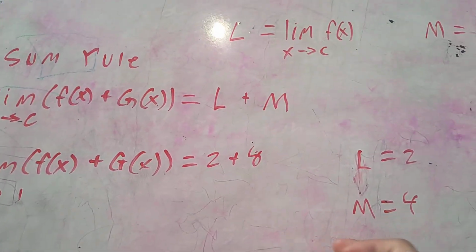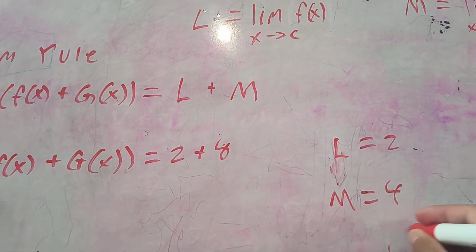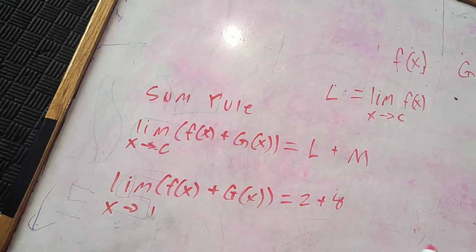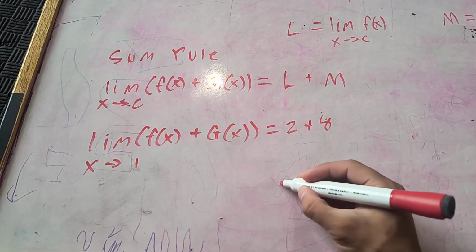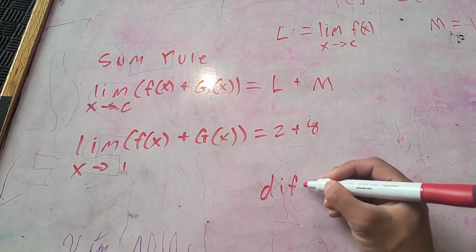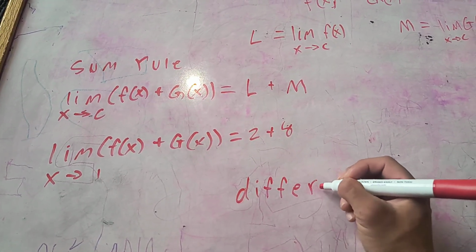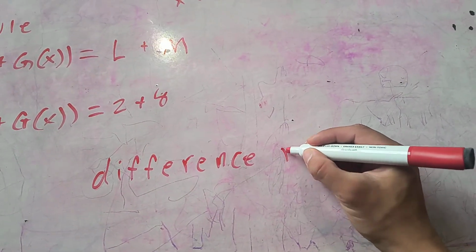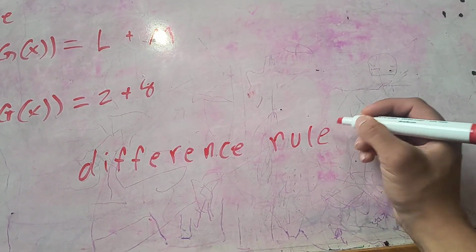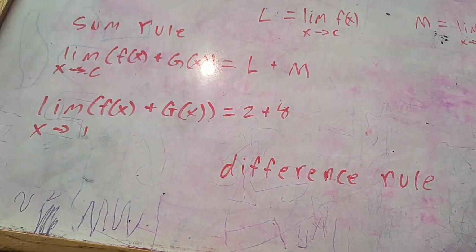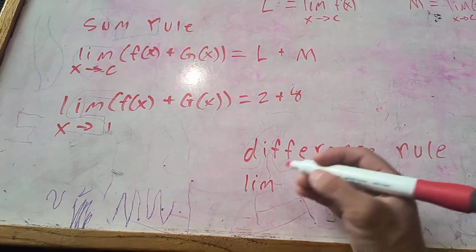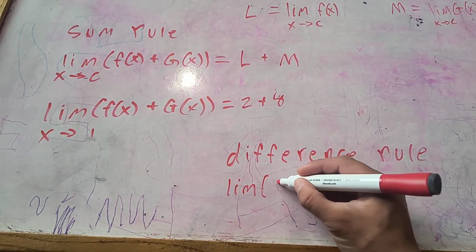And then the second rule is the difference rule, which you can already figure out. The difference rule says pretty much the same thing, except in reverse, the inverse of addition, subtraction.